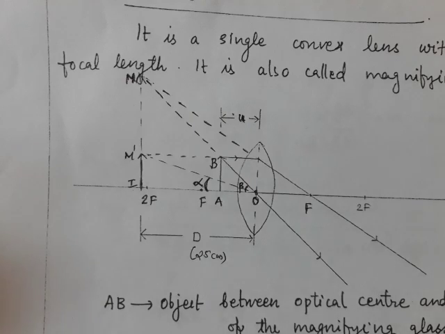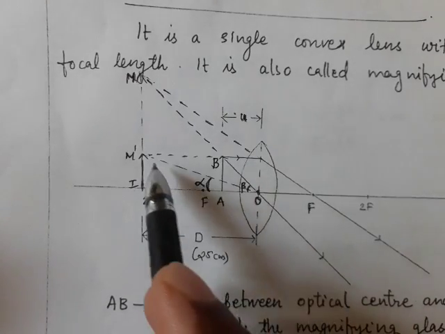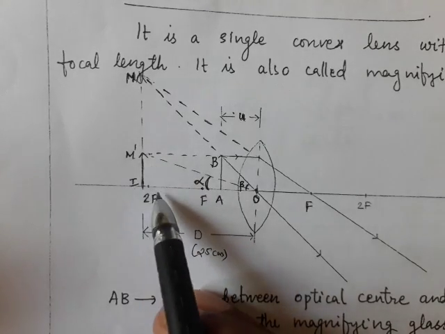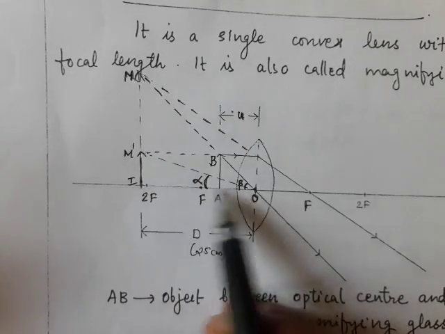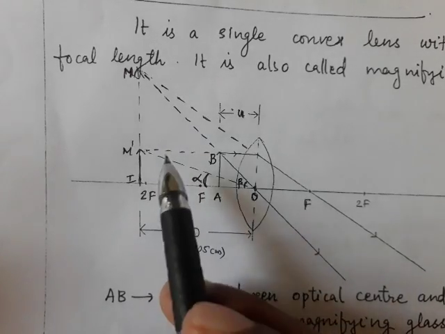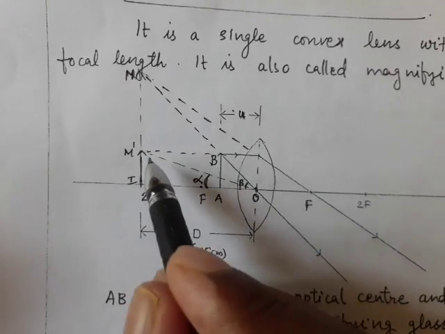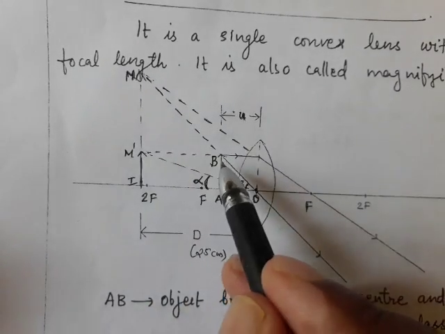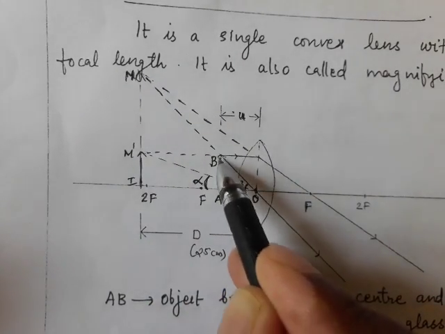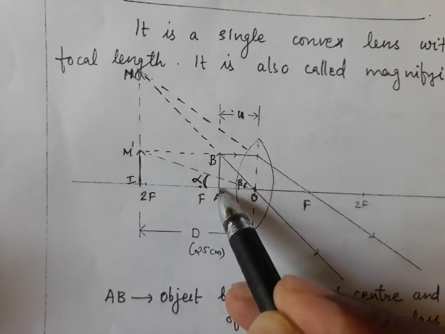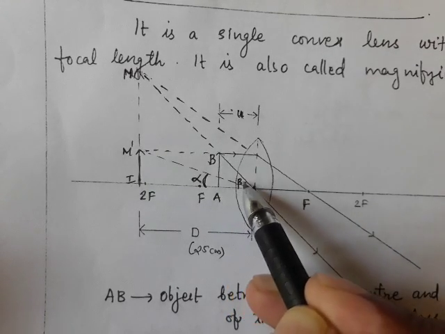Look at the triangle once again. When you take this angle alpha, it is IM dash divided by this length D, so tan alpha is IM dash by D. And beta, you can consider this big triangle, or even this triangle. For beta we can consider this angle ABO also, which makes the same angle.